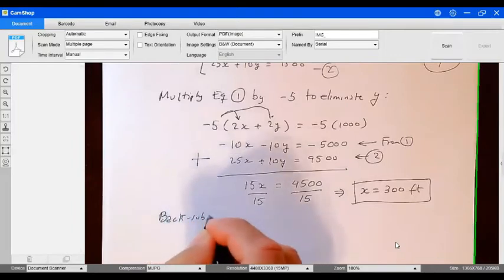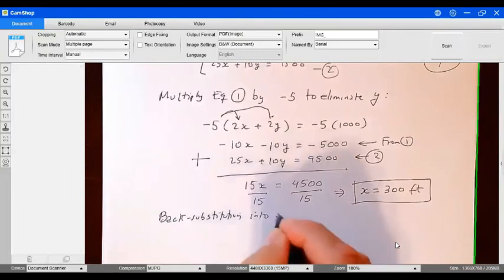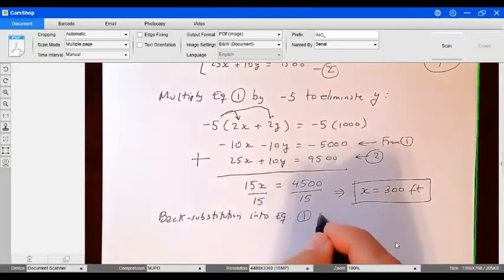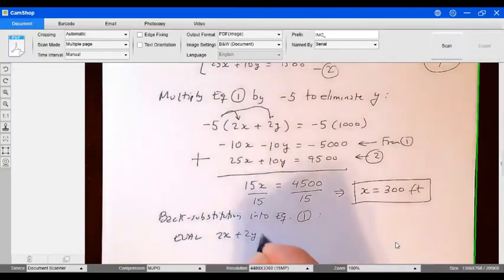Back substitution into equation, let's see, we're going to use equation 1. So we're going to evaluate equation 1, which is 2x plus 2y equals 1000.